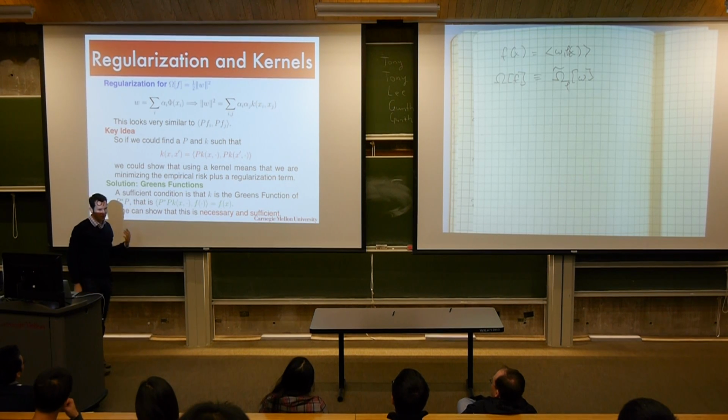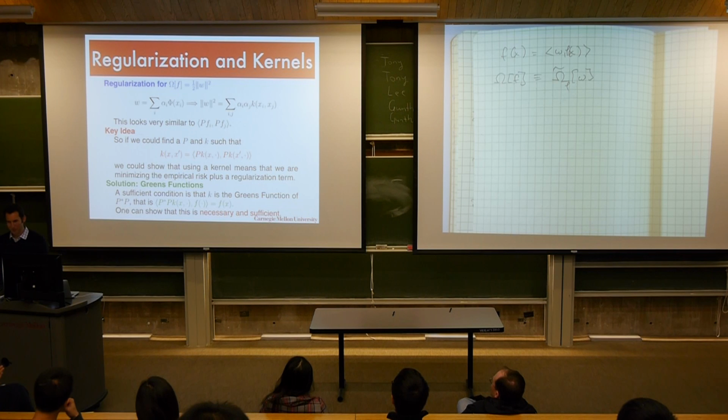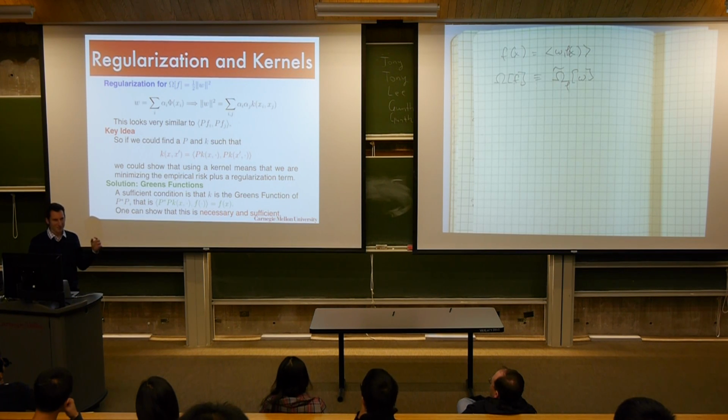Now it turns out this is something that is very well studied in functional analysis for people who solve differential equations. It's called a Green's function. And without going into a lot of detail, there is a very well-established machinery which lets you go from operators to things that solve exactly this condition.